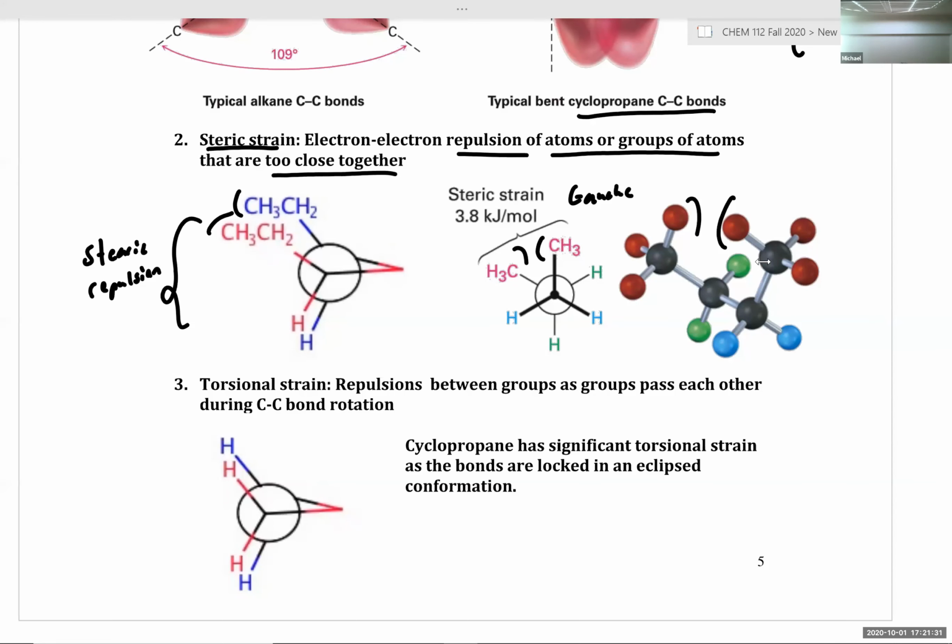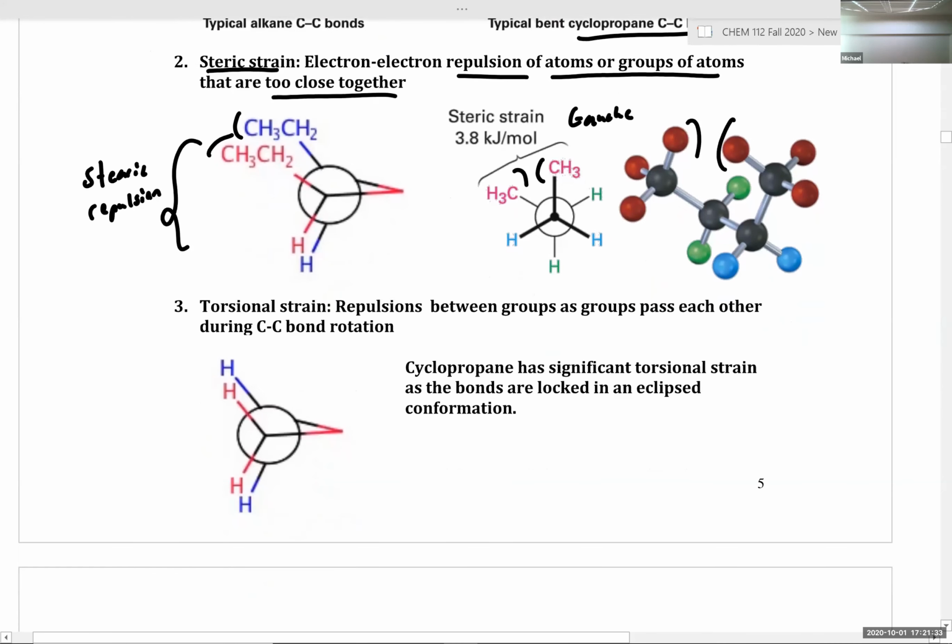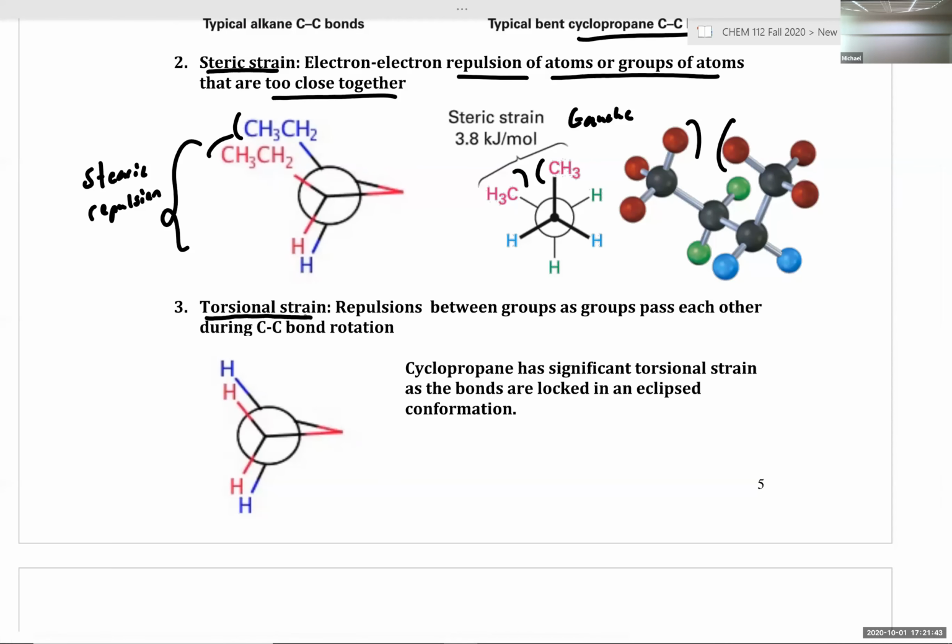Now, what really kills cyclopropanes is torsional strain. So if we just look at a typical cyclopropane, and we look down one of our arbitrary carbon-carbon bonds.